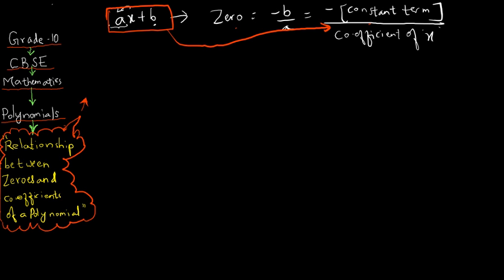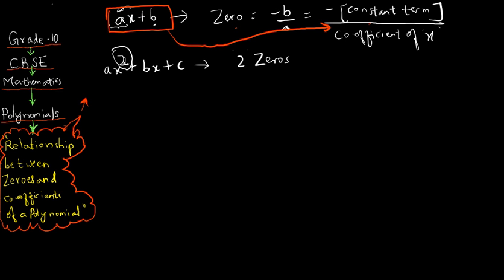Next, if you look at the next example, a quadratic, say for example I take a quadratic ax squared plus bx plus c. So in this case, let's see how the zeros are connected. Now clearly we know that a quadratic with the power 2 has two zeros.